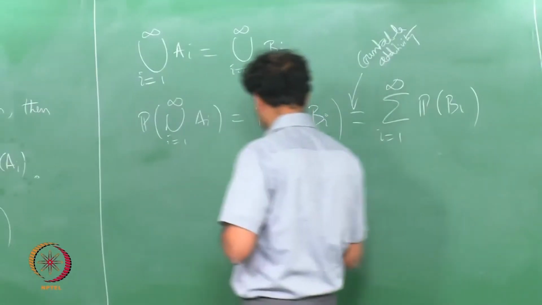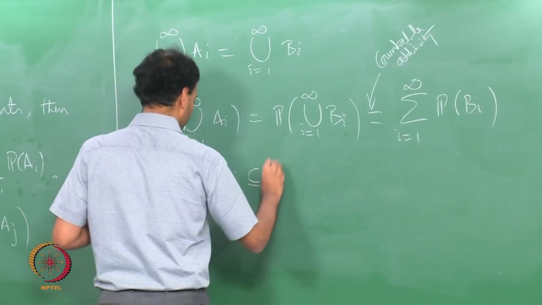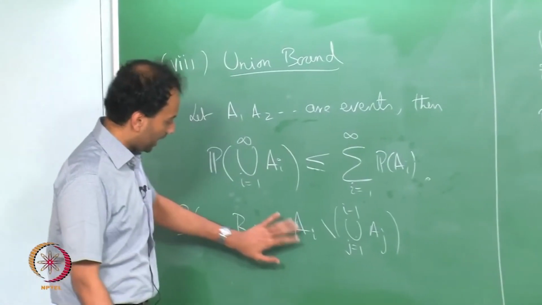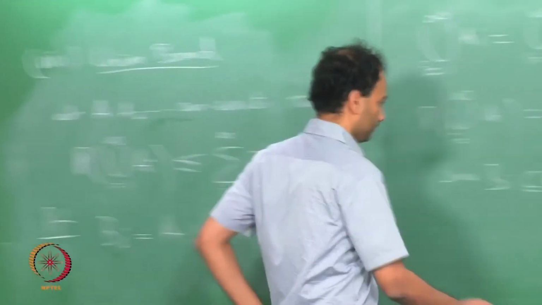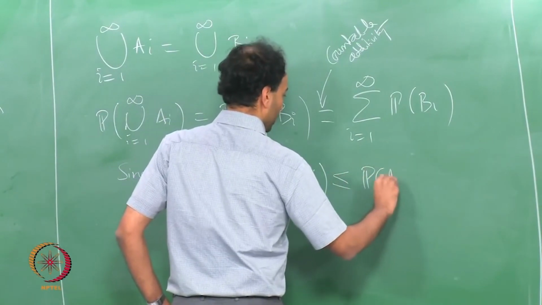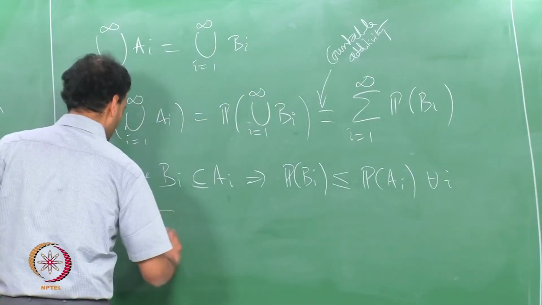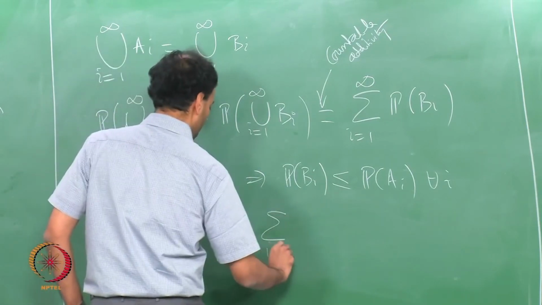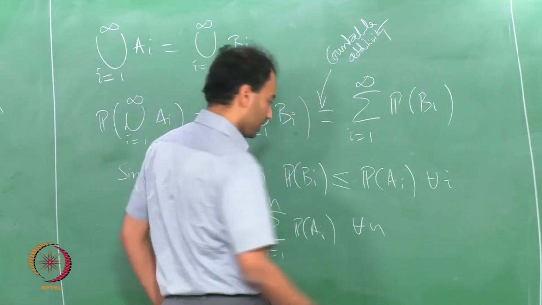Now, notice that for every i, B_i is contained in A_i. That is because B_i is defined as A_i with something removed. This means that the probability of B_i is less than or equal to the probability of A_i for all i, which means that the sum over i equals 1 through n of the probability of B_i is less than or equal to the sum over i equals 1 through n of the probability of A_i, for all n greater than or equal to 1.